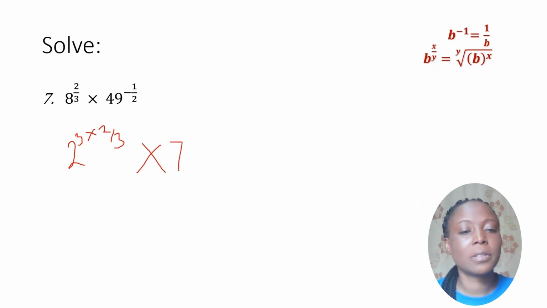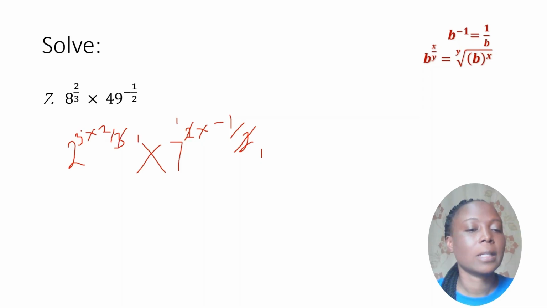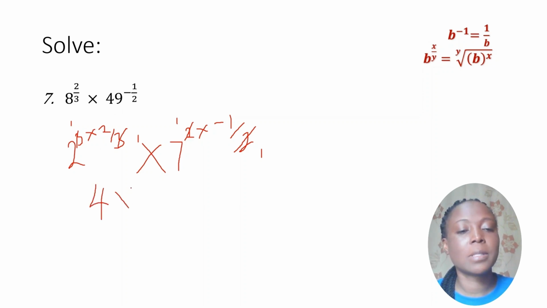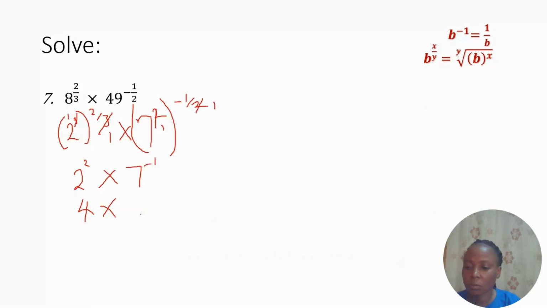So I have 7 raised to power 2 times minus 1 over 2. Can I break this down? Yes. So this will go here 1, here 1. And this also will go here 1, this will go here 1. So I am left with 2 raised to power 2, which is what? 4 times 7 raised to power minus 1.